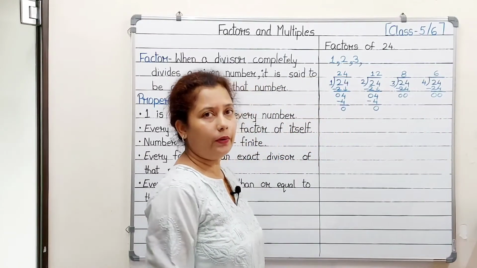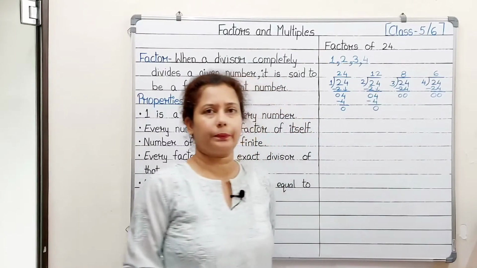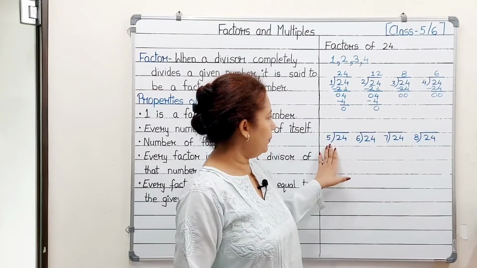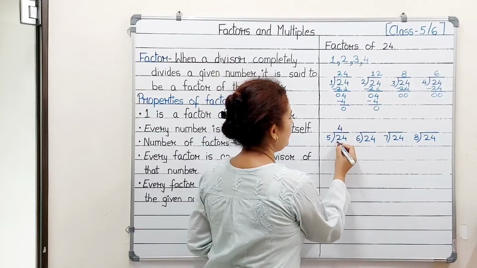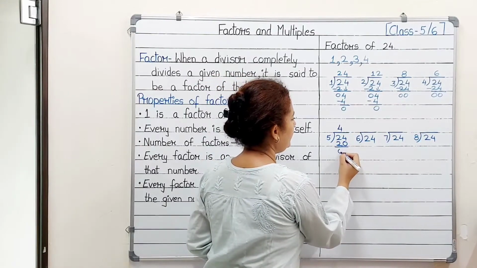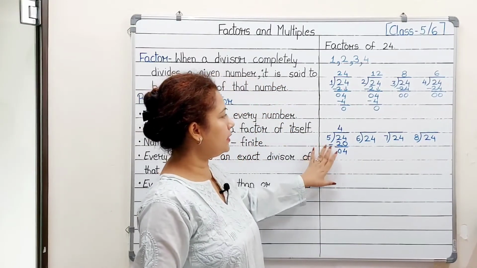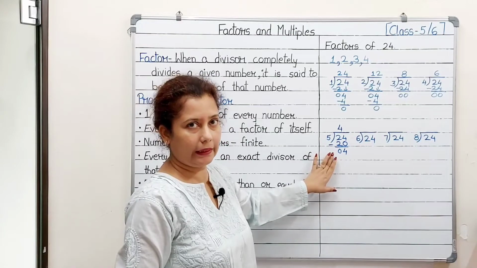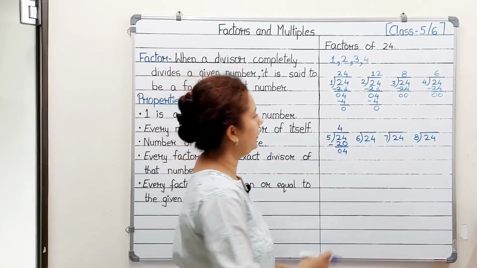So 4 is also a factor of 24. Next we will divide 24 by 5. 5 into 4 is 20. Remainder is 4. So 5 does not divide 24 completely. So 5 is not a factor of 24.